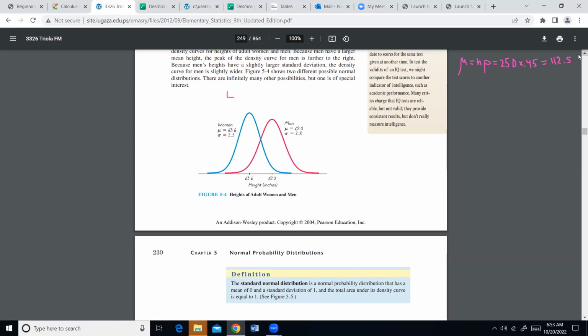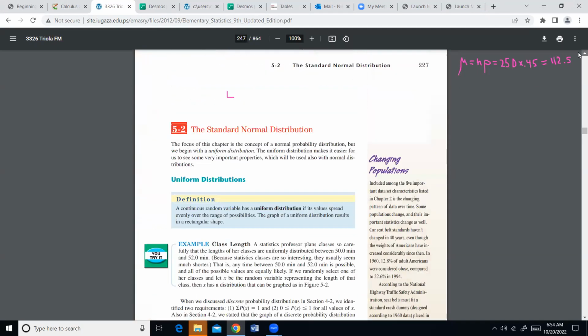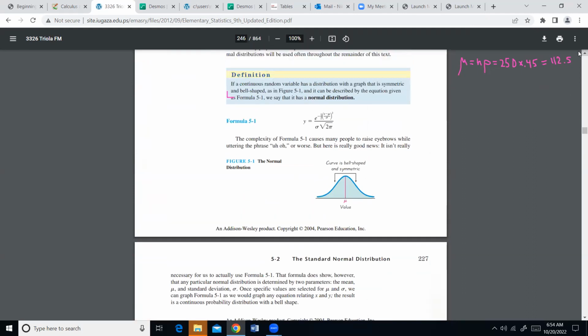You also can see the picture of normal distribution. It has a shape of a bell. You can see distribution here of men, of women, and mean is always where we have a maximum. Let me go back a little bit. That's where they actually define the normal distribution here.